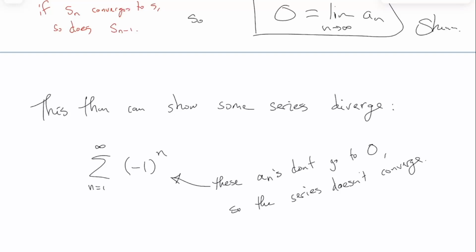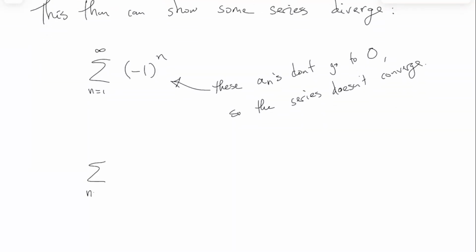All right, or here's another example. How about the sum of sine of n? This is a very weird series. What you're looking at here is sine of 1 plus sine of 2 plus, etc., infinitely many terms. Anybody remember what is sine of 1?